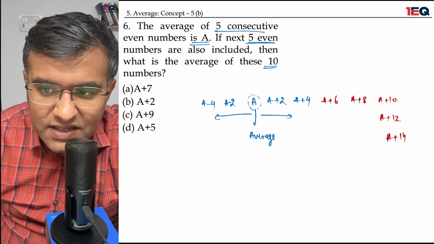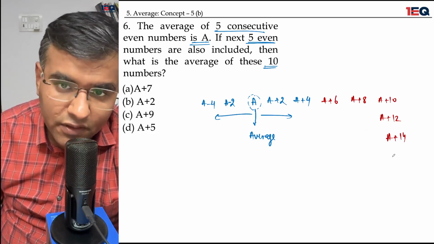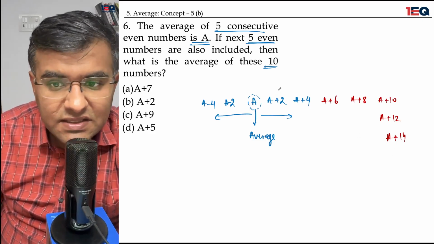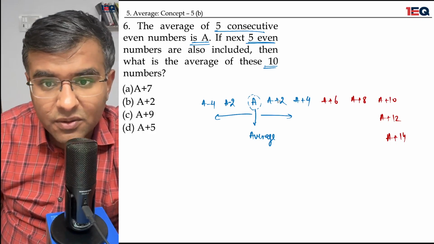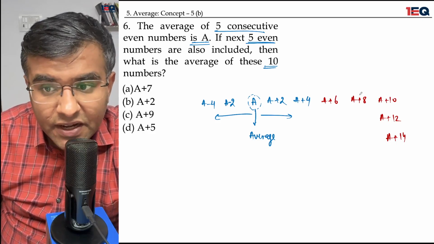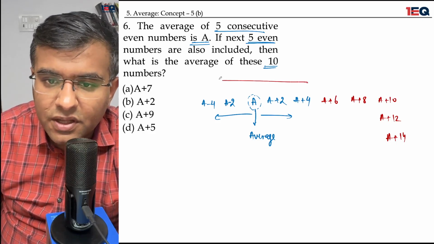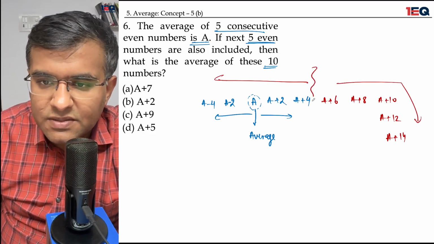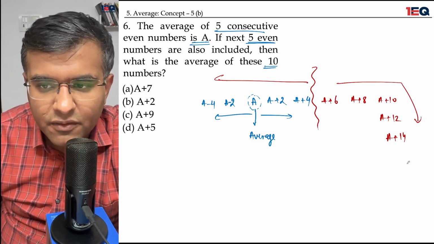So these are the next 5 consecutive even numbers. Now I need to find the average of these numbers. I have 10 terms, so they're going to be split into two equal parts, 5 on the left and 5 on the right.